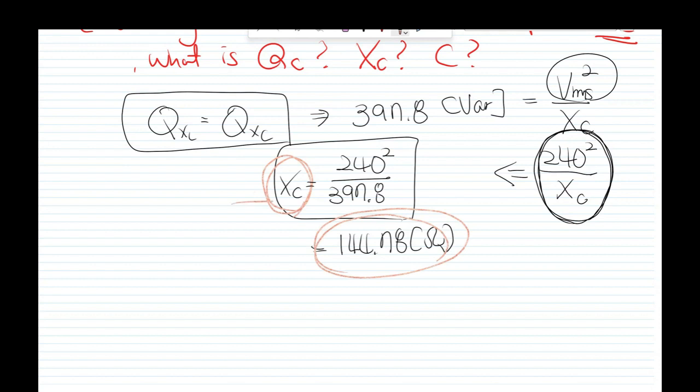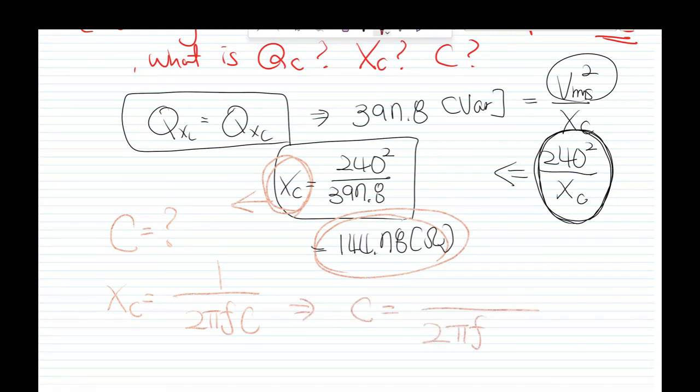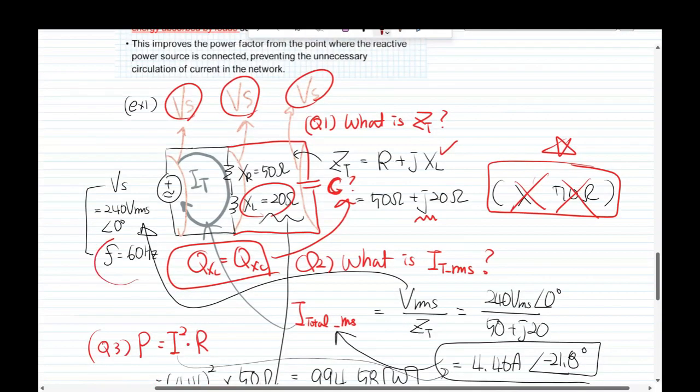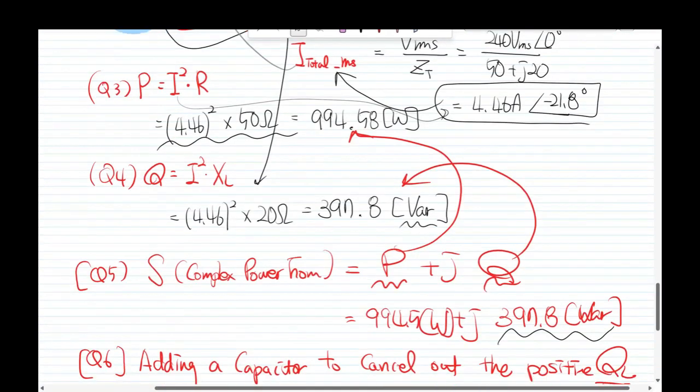And then from here, finally, we have to find C. X sub C is 1 over 2 pi f C, so C is 1 over 2 pi f X sub C. The f from the question is 60 hertz, right?